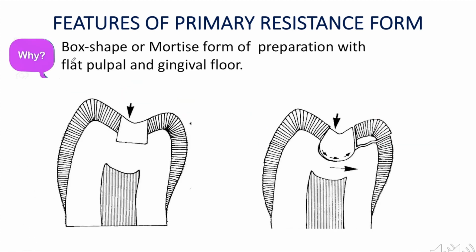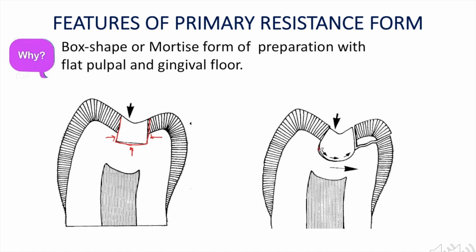Another advantage of having a box-shaped cavity is that a cavity with definite walls, floors, line and point angles prevents the micro movement of the restoration and thus further shear stresses acting on the tooth.